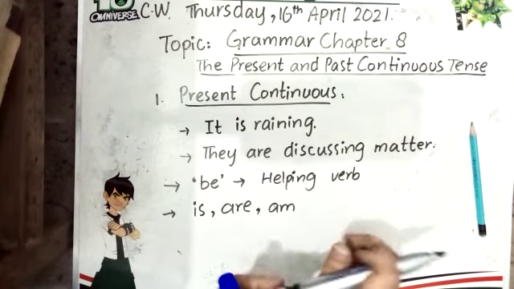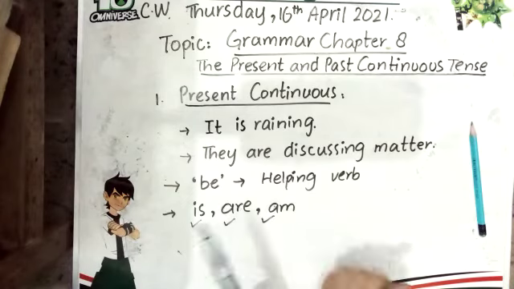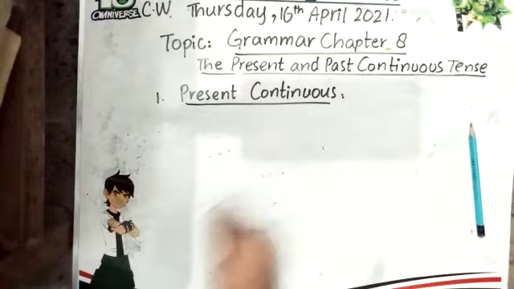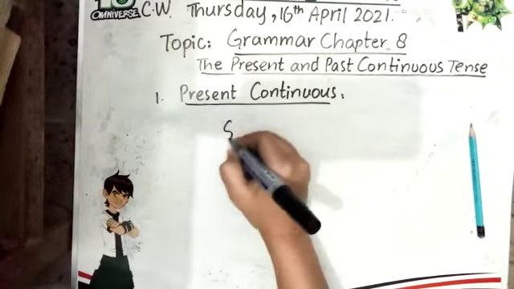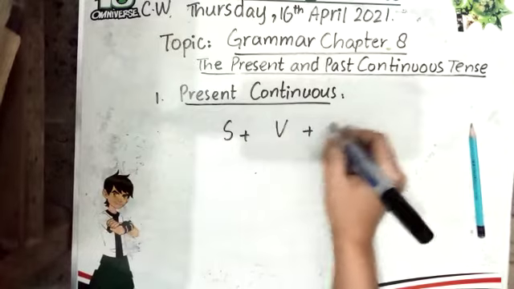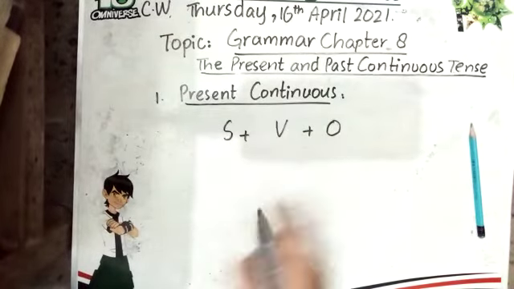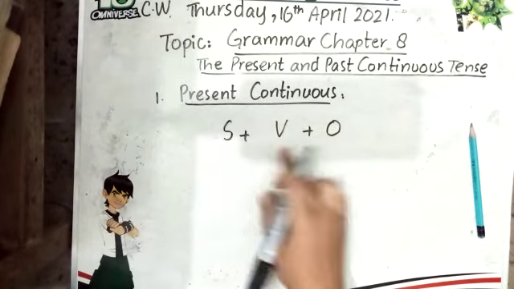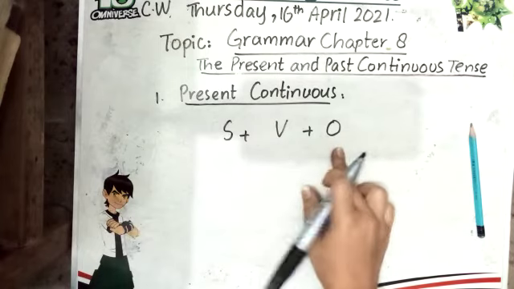Now let's see where we have to use which of these forms. There are three basic components for each sentence, that is subject, verb and object. Subject is a person who does something in a sentence, whereas verb is a word which expresses an action in a sentence, and object is a thing onto which work is being done.